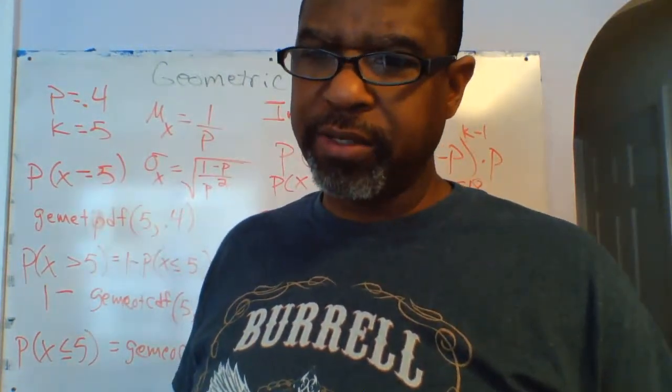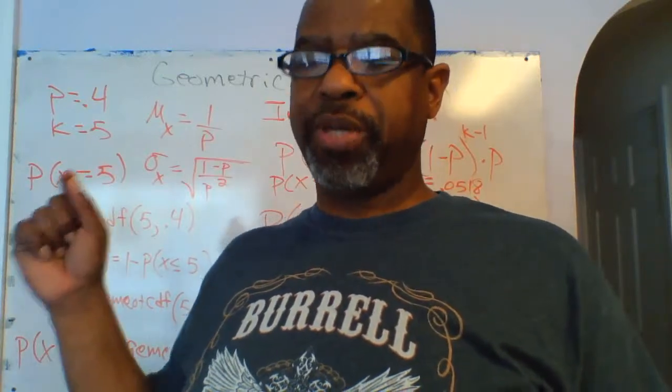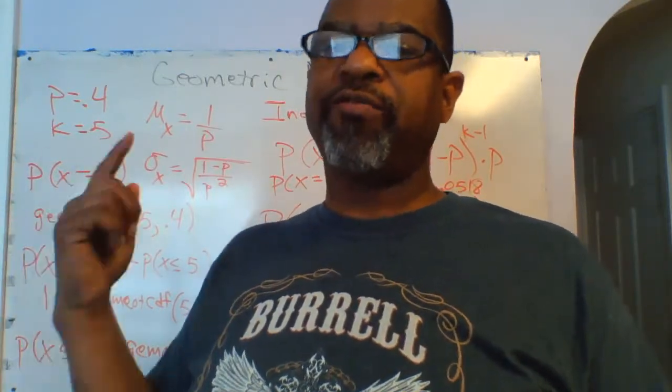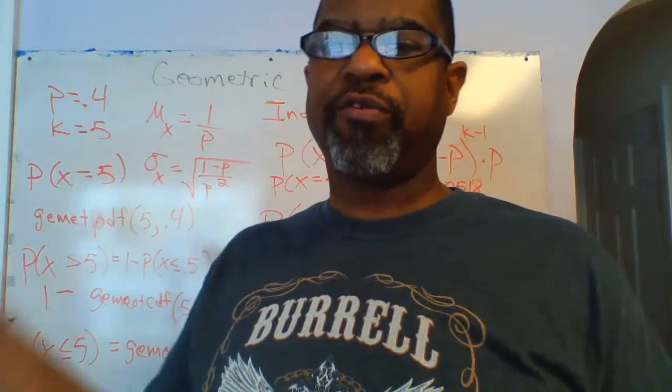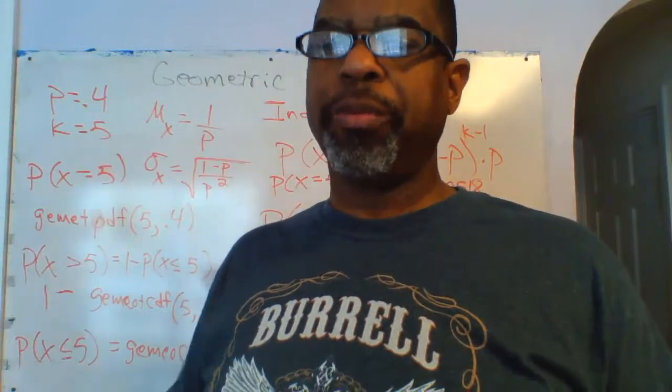Angela, I did that yesterday, but I'm going to do it one more time. PDF means the individual probability. You're looking for exactly what that number is. CDF is cumulative.